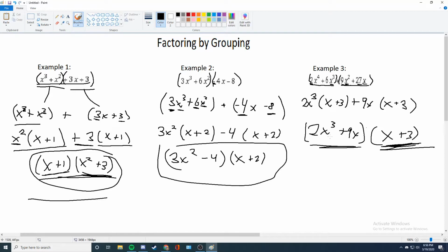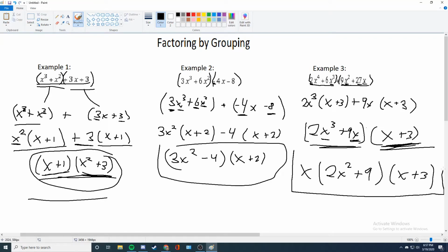But 2x cubed plus 9x, there's still a common factor in there that we can take out. So we can pull that x out, which leaves us with 2x squared plus 9 times that x plus 3 that stays. And this is the full factorization of that example.